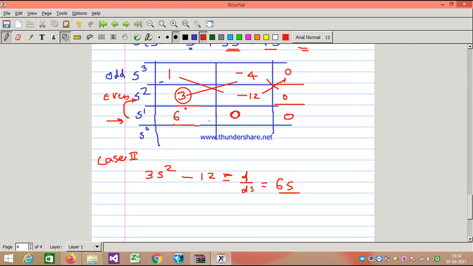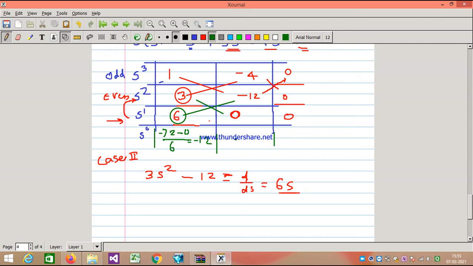Okay, let's solve the next. What to do in the next? Again 6 into -12, it is -72, minus 3 into 0, so it becomes -72 divided by 6, so we get -12, right?